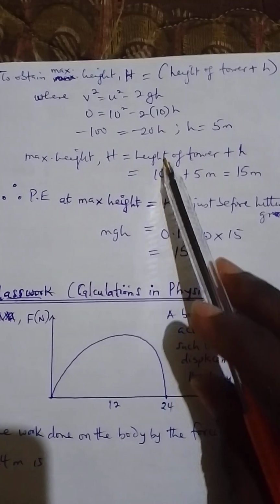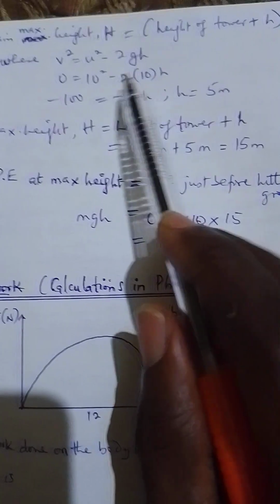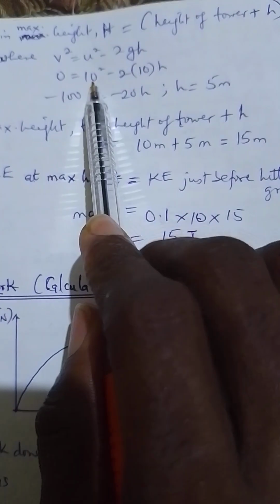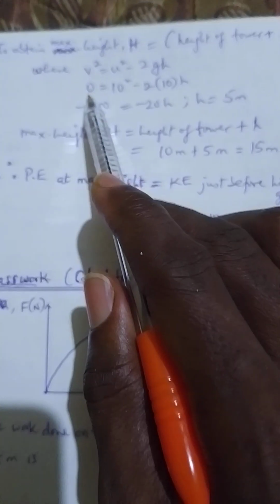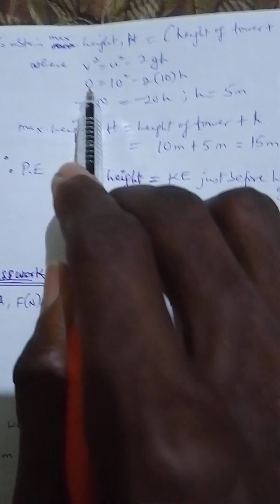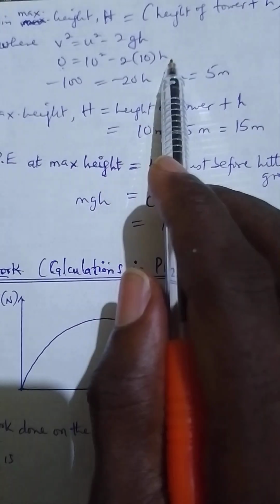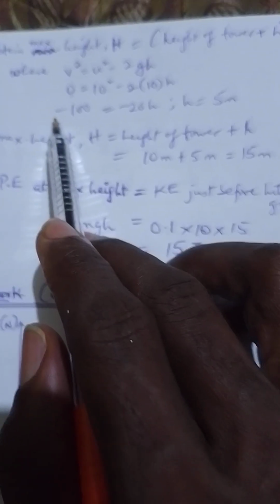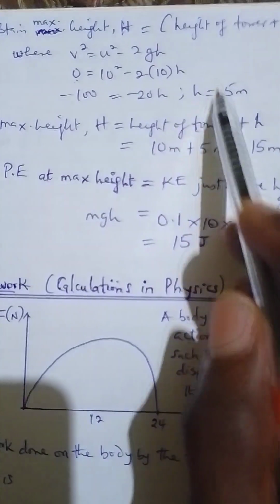To slot that in, we are given the acceleration due to gravity as 10, the initial velocity as 10 from the question, and the velocity at maximum height is 0. Remember, we said it slows down and stops momentarily. So make h the subject of the formula. We have 10 squared, which becomes minus 100, and then we have minus 20h. So the height is equal to 5 meters.